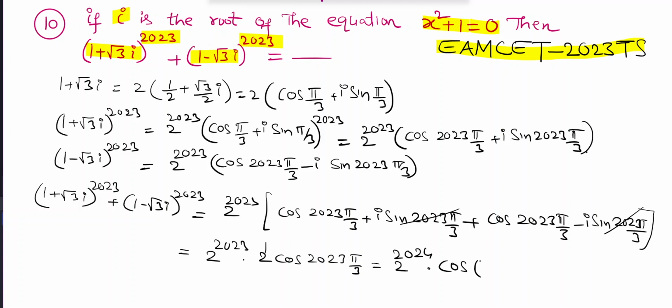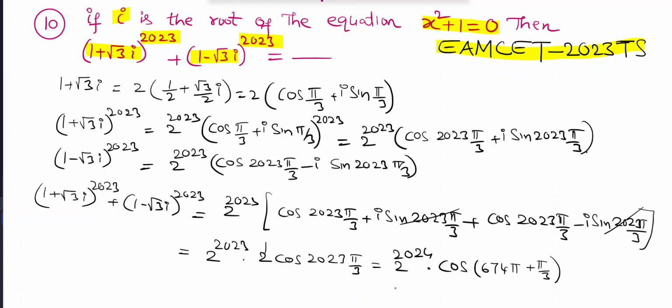This is written as 674 pi plus pi by 3. This is the value of 2023 pi by 3, written as 674 pi plus pi by 3.